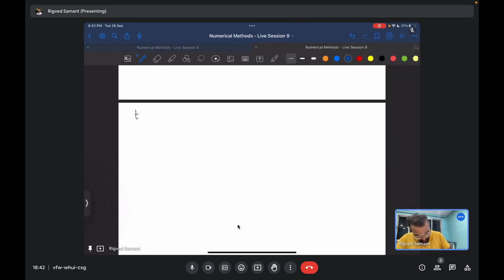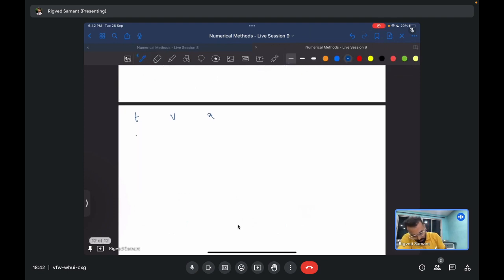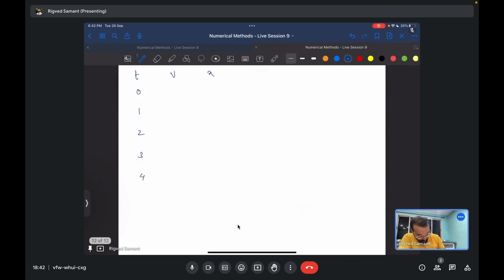T, then we have V. From V we will find out X. The summation of I will come at the end, and H is what? 1. So you know that. Since H is 1, you have to start at 0, right? 0, 1, 2, 3, 4, 5, 6.